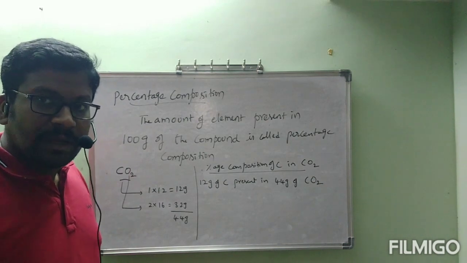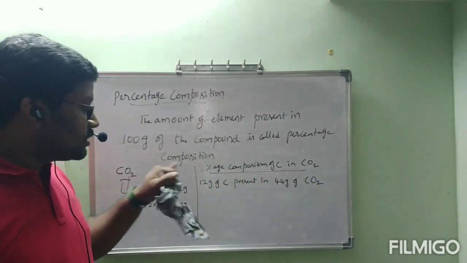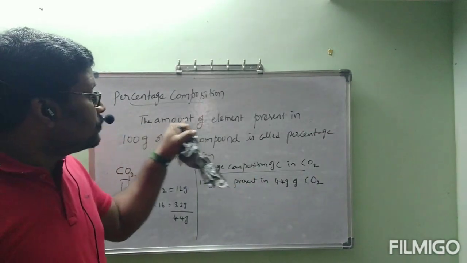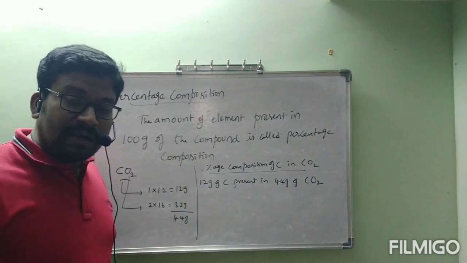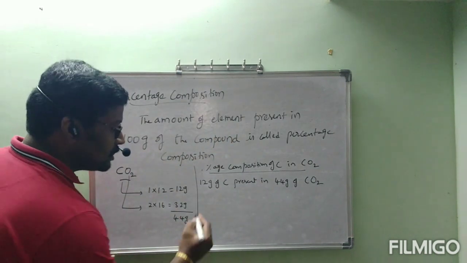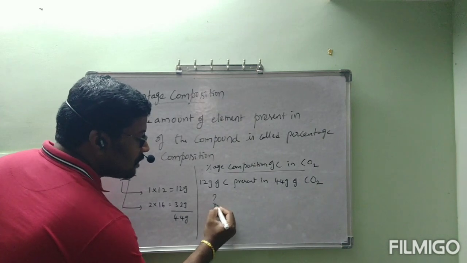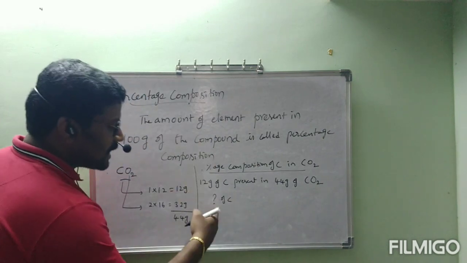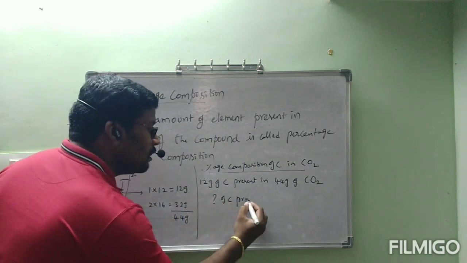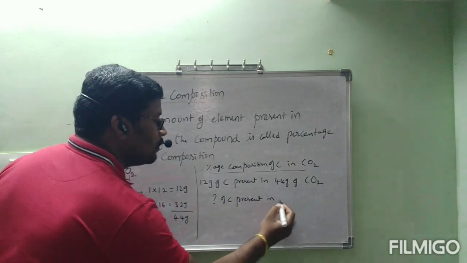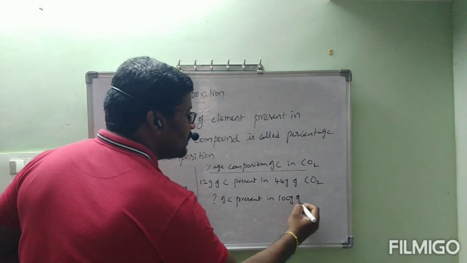That point is okay. But the percentage composition definition is the amount of element present in 100 grams of the compound. So, how much amount of carbon is present in 100 grams of CO2?